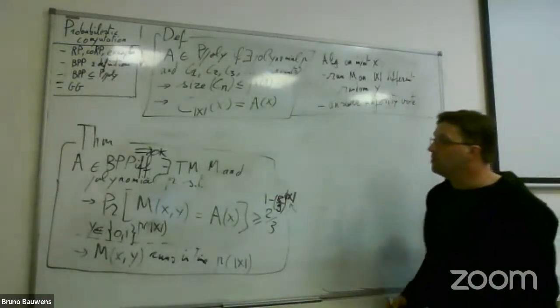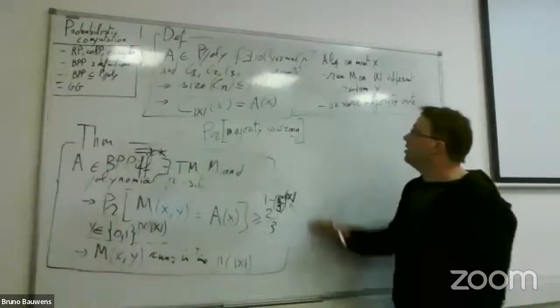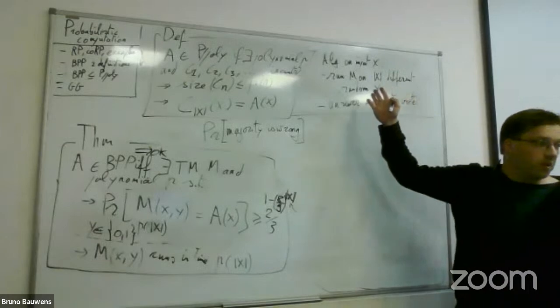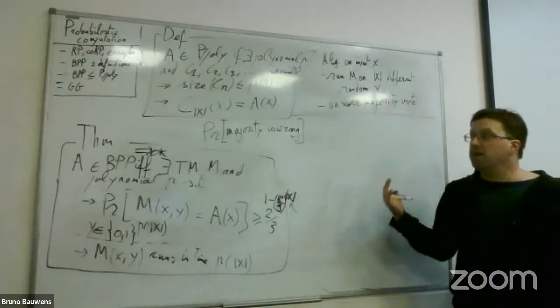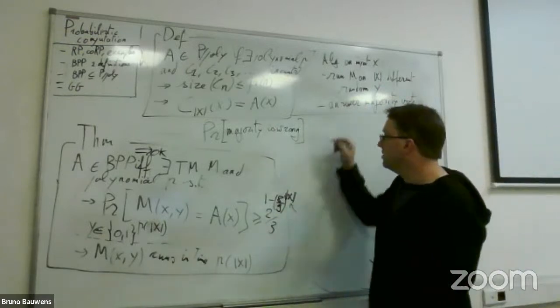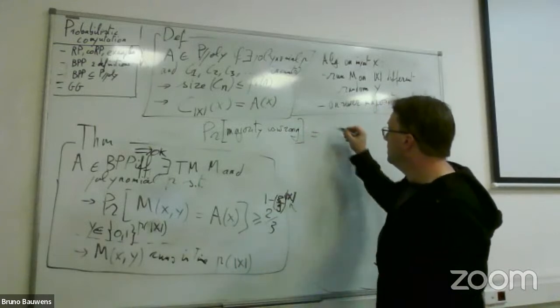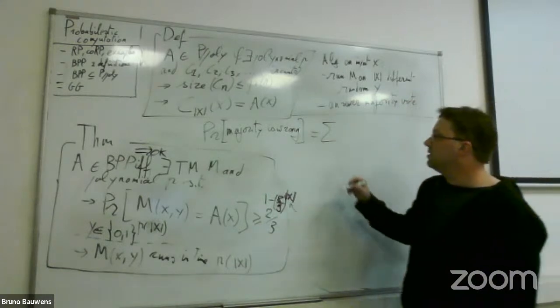Okay, and now we have to bound the probability that the majority vote is wrong. We know that each answer is wrong with probability at most 1/3. Each answer is correct with probability 2/3. Let K represent the number of wrong answers.